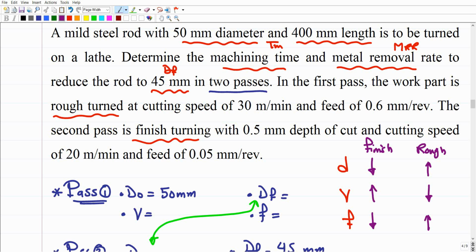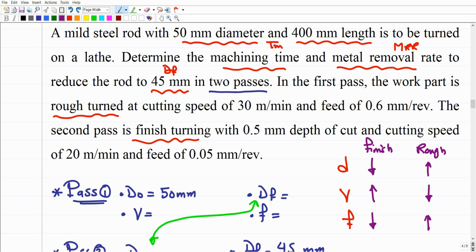So basically, to end up with a finished surface, we finish most of the part very quickly by rough cutting, by increasing the depth of cut and increasing the feed, with a little decrease in the cutting speed, to finish the part quickly. This rough cutting will finish most of the part. We're going to decrease the diameter from 50, let's say, up to 45.5 millimeter.